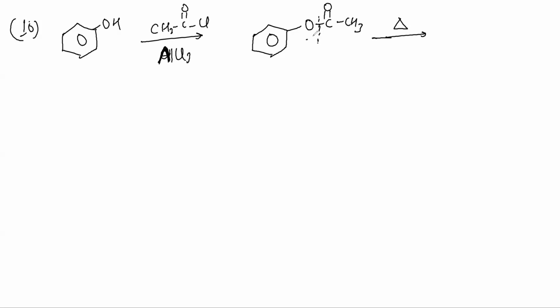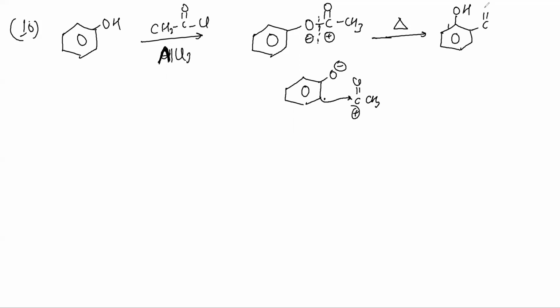Why? Because here you will get minus and here you will get plus. So this O minus and this plus, and here your benzene is standing. So this will attack here. And eventually you will get this.